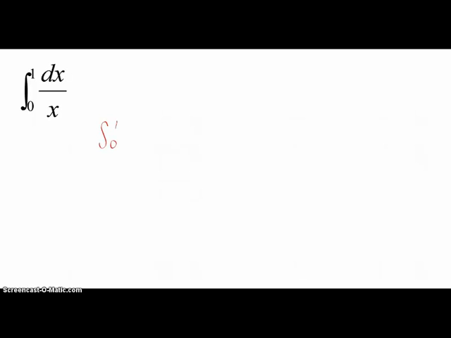Here, from 0 to 1, 1 over x dx. And this is a really good function for us to practice on, because it happens to be one that we know what the graph looks like. In quadrant 1, that's what the graph looks like. And so if we are integrating from 0 to 1, then we have bounded area on the right, but this value, that vertical line, is a vertical asymptote for this function.